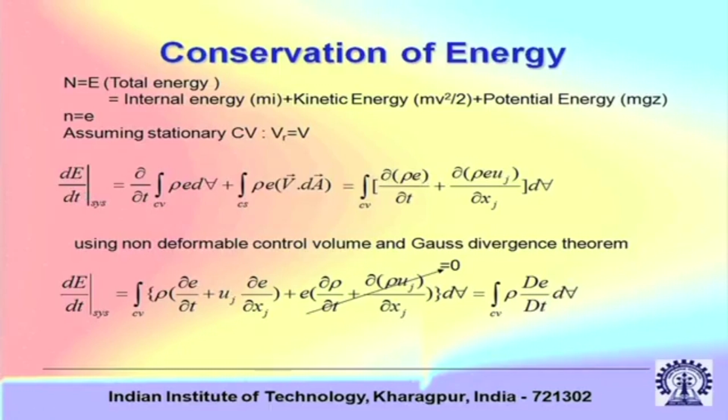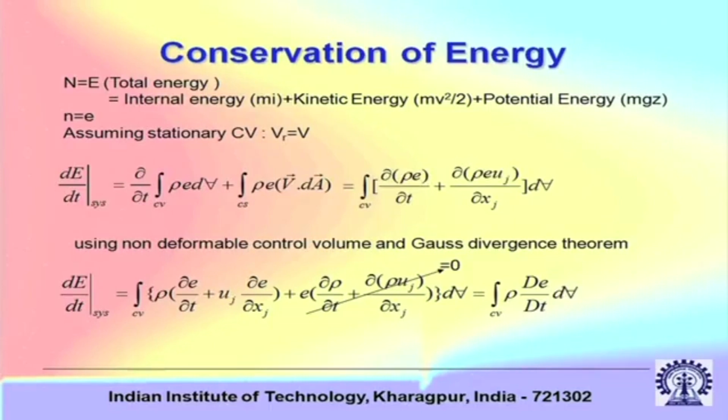So, dE dt of the system is nothing but the change within the control volume, del del t integral of rho E dV, plus the outflow minus inflow, rho E V dot dA. V dot dA is actually V dot eta into dA as scalar, where eta is the unit normal vector. You are by this time very familiar with these types of terms, and we are just going to use those here.